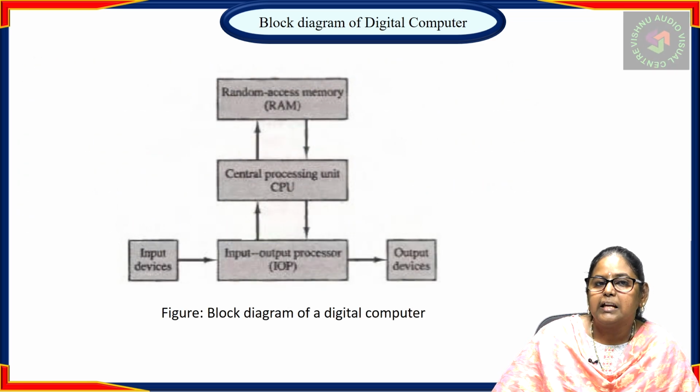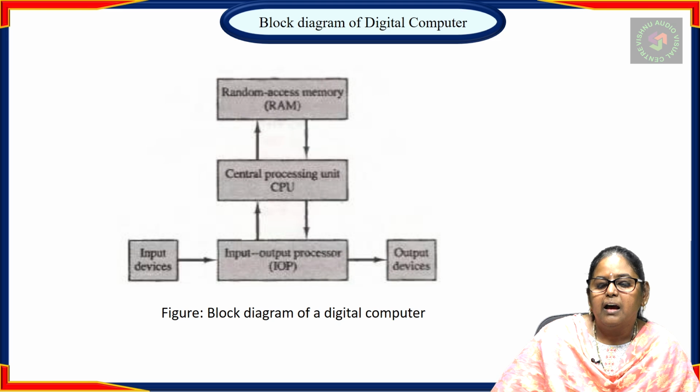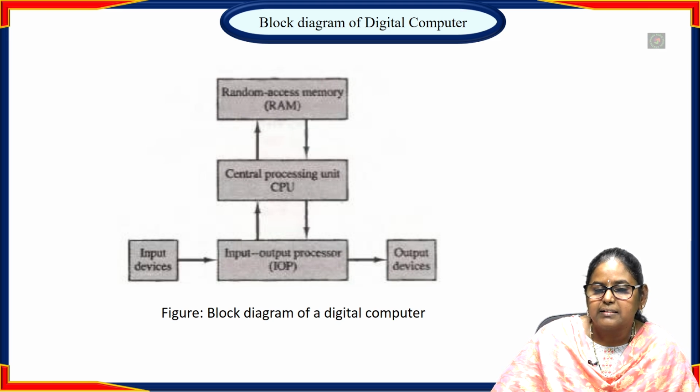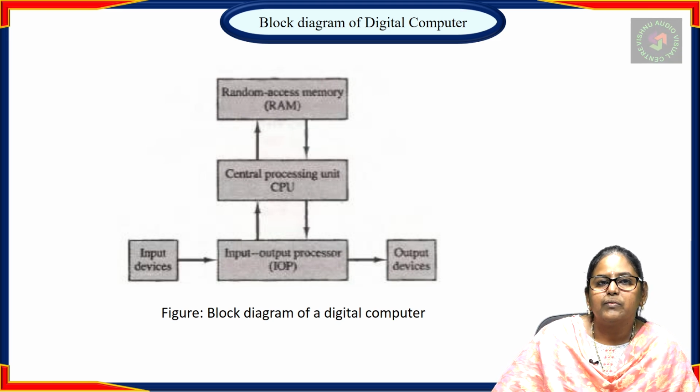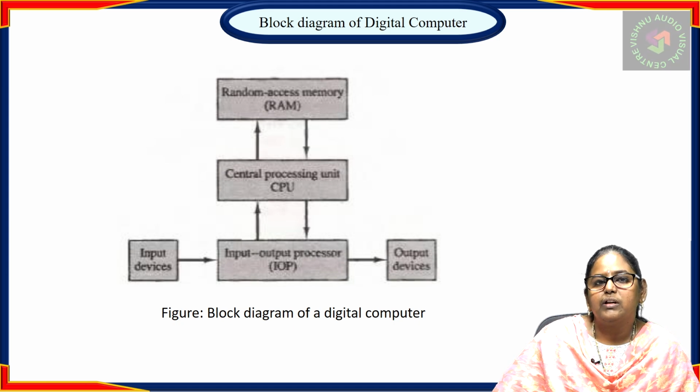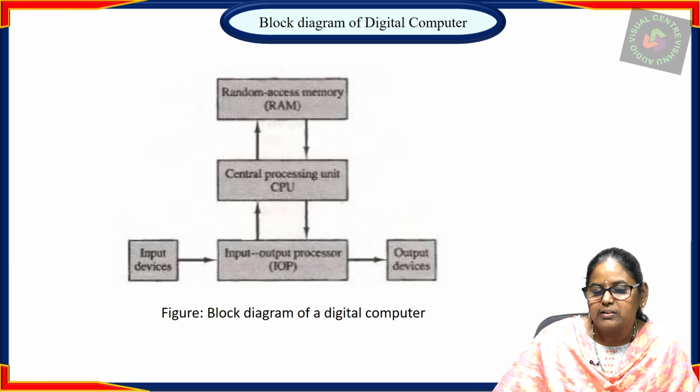When we go with the block diagram of a digital computer, it mainly contains three components. One is the CPU, another is the memory, which constitutes the RAM, and the third important component is the IO devices attached to the CPU.